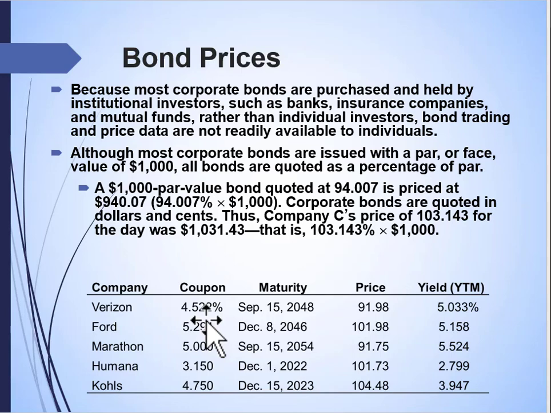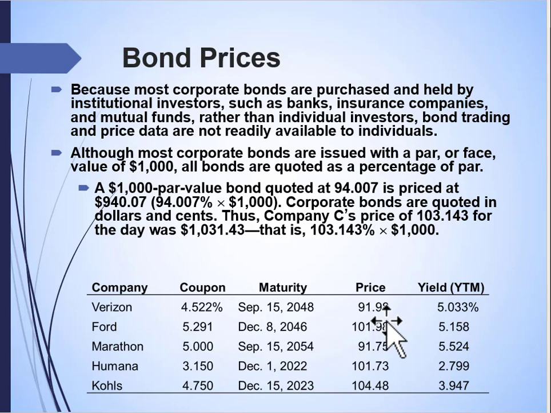So whatever that is, something like $22.80 roughly, they'll pay that twice a year. It matures in 2048, right, on September 15th. It currently has a yield to maturity of 5.033%. So the price they have listed here is the thing that's a little different, 91.98.